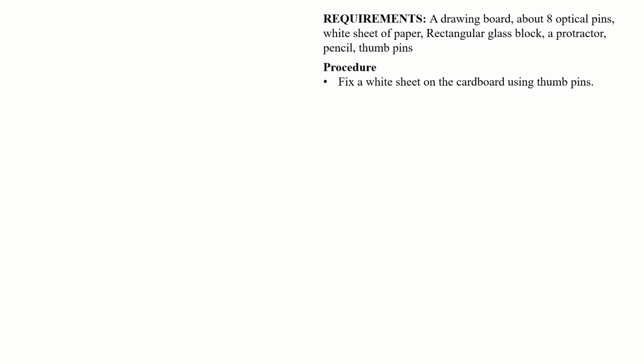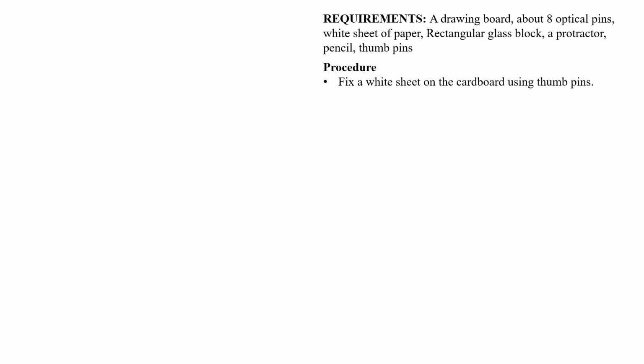First, we are going to fix a white sheet of paper. In other words, we are going to fix a sheet on a cardboard using thumb pins. Thumb pins are simply pins which we can use to fix papers on a given surface. We are going to consider our empty screen as our sheet of paper, and imagine that it's on a cardboard.